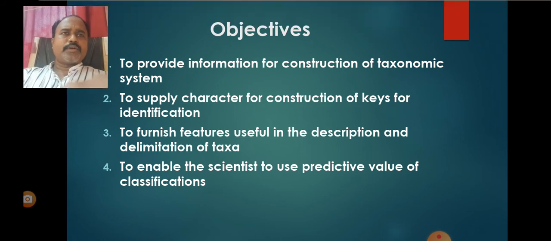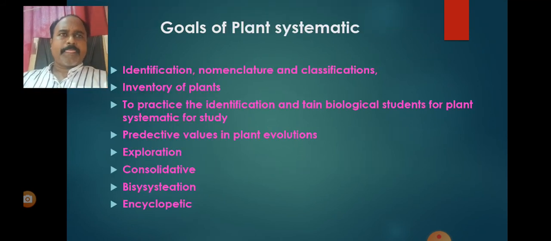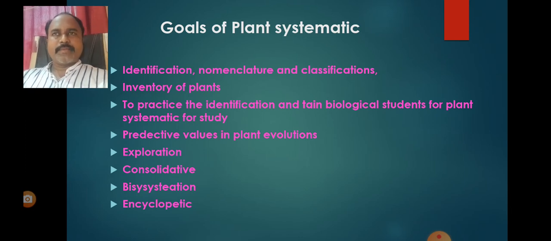Then we will go to the goals of plant systematics. In the goals, we first have to do identification, and for that every scientist, every botanist, every forester or plant lover has to explore and identify the plants with available literature.